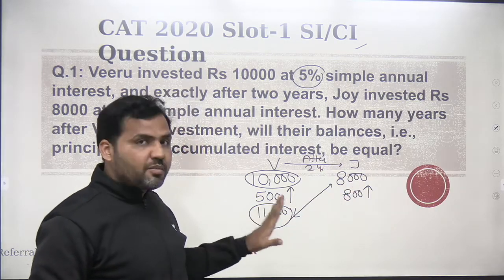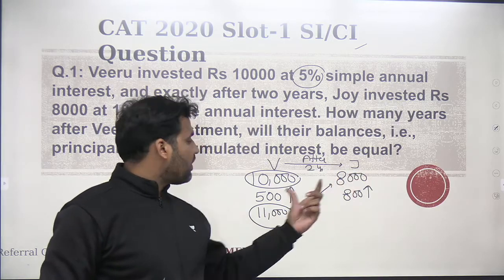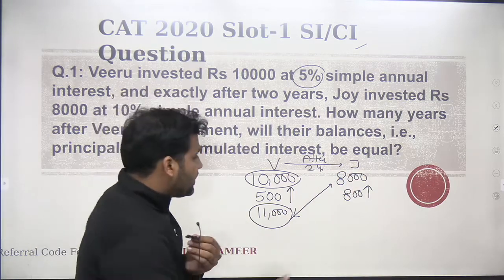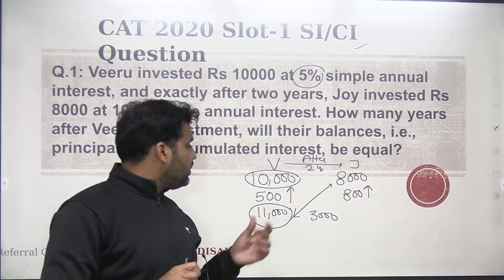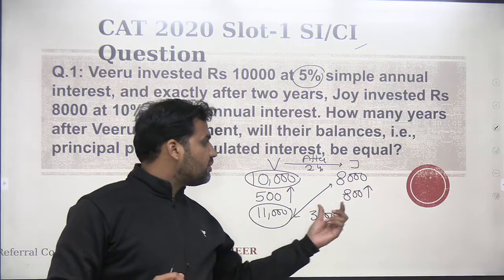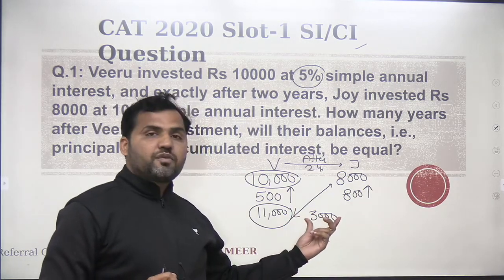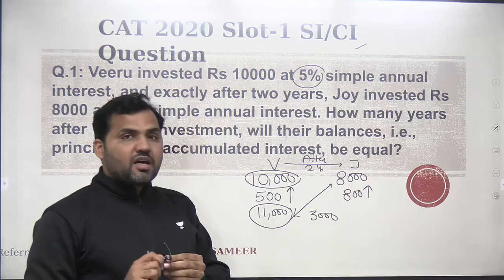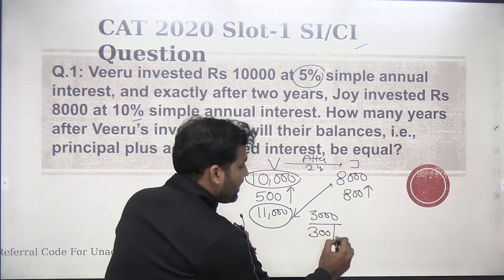You see that at present, the difference in the money that Joy has and Viru has is 3,000. And every year, Viru's money gets increased by 500, but Joy's money gets increased by 800. That means this gap of 3,000 will be covered at a speed of 300 rupees per year.